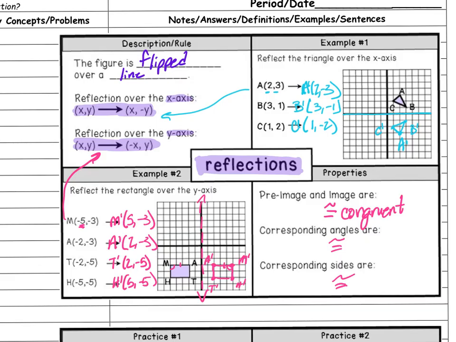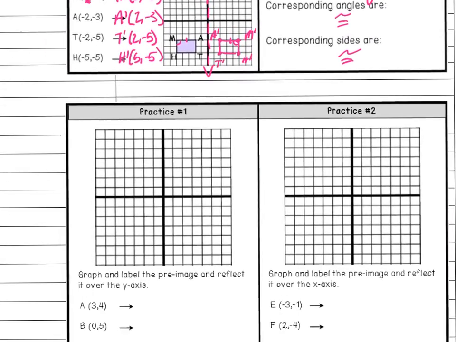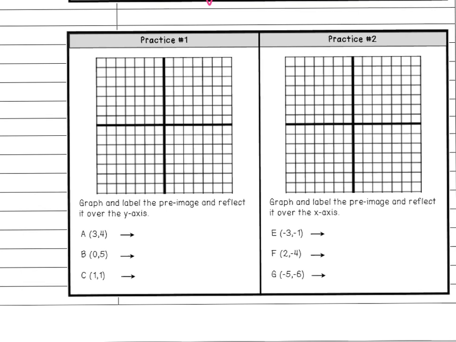Okay, so now we're going to go ahead and slide up to practice 1 and 2 here. It says graph and label the pre-image and reflect it over the y-axis. So I kind of want to have what I'm reflecting over. So I'm going to go ahead and graph my points. 3, 4.